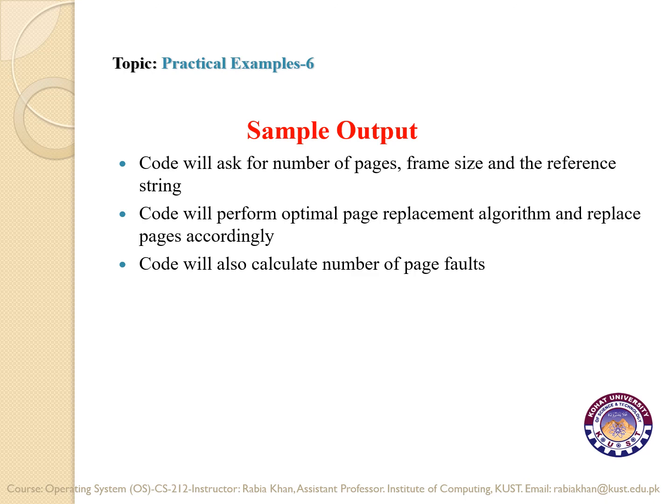Then this code will perform the optimal page replacement strategy and replace the pages accordingly. You will see a matrix as output in which you will find which page is going out and which one is coming in. The code will also calculate the total number of page faults. So keep in mind, optimal page replacement generates fewer page faults as compared to first in, first out, discussed in the previous lecture.